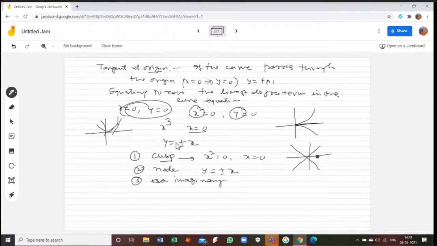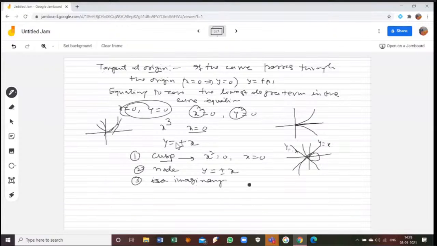Touching these 2 tangents, there will be a curve like this. It will go like this and it will go like this, so that these are the tangents of this curve at the origin. This is y is equal to minus x and this is y is equal to x. These are 2 tangents for which this curve will make a node at the origin.